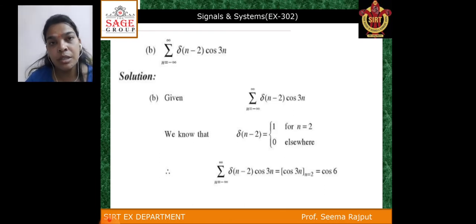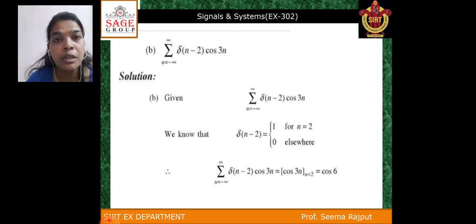Our new function is cos 3n, and in place of n we have to put 2, because in the impulse function del n minus 2 equals 1 for n equal to 2.